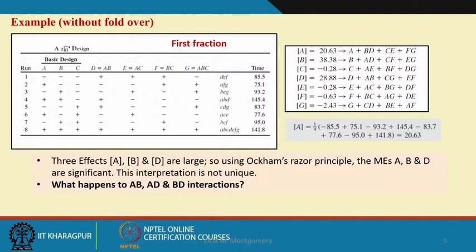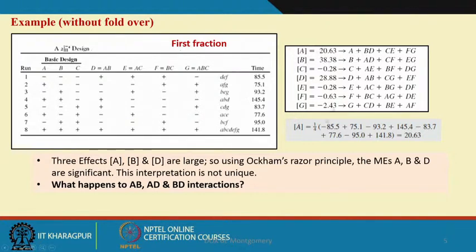Let us see the same thing here, the 2 to the power 7 minus 4, resolution 3 design. Suppose you have used the first fraction, then done the experiment, and you got these experimental results. Without going for sequential experimentation, if you use this one, your estimate is like this.